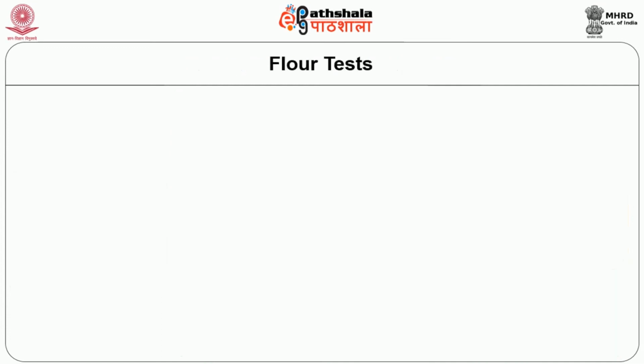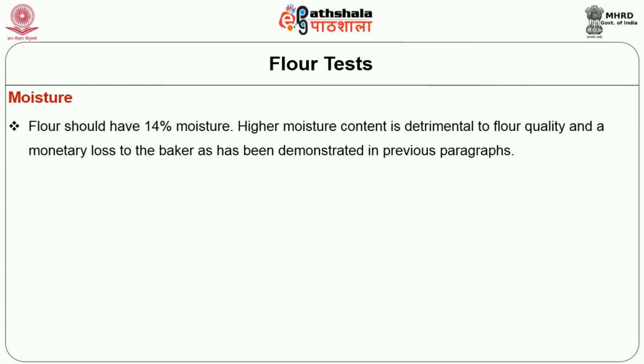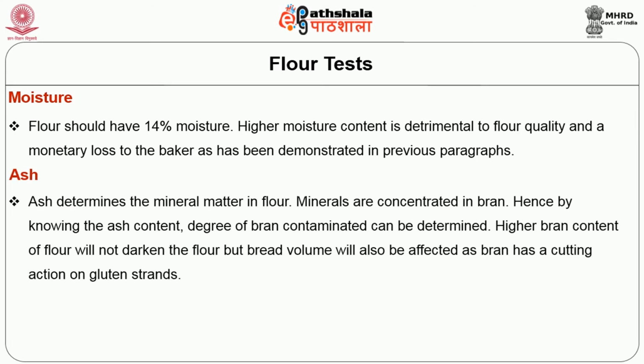Few standard tests are available to test the flour quality. Let us see them one by one. Moisture. As I said earlier, flour should have 14% moisture. Higher moisture content is detrimental to flour quality and a monetary loss to a baker, as has been demonstrated in previous paragraphs. Ash determines the mineral matter in flour.